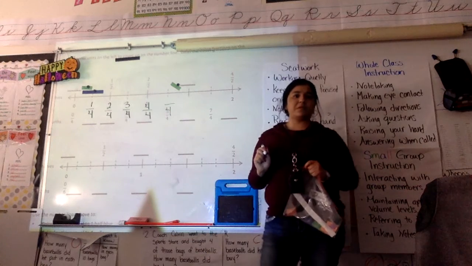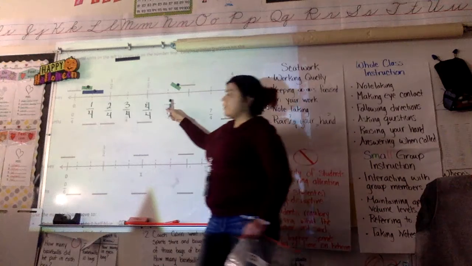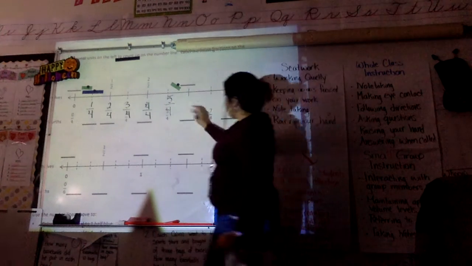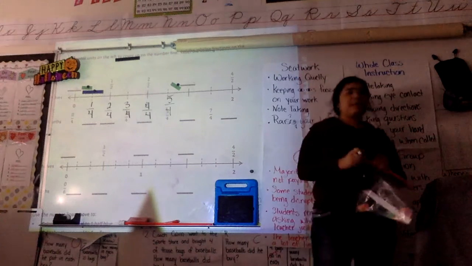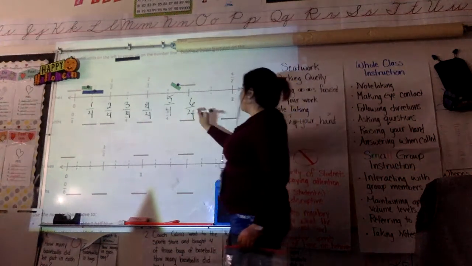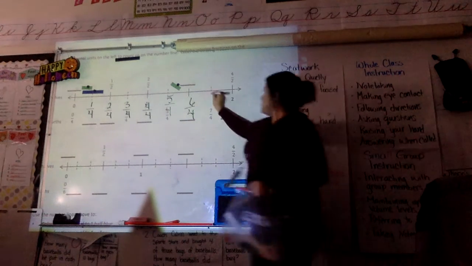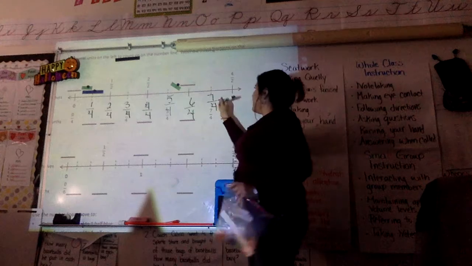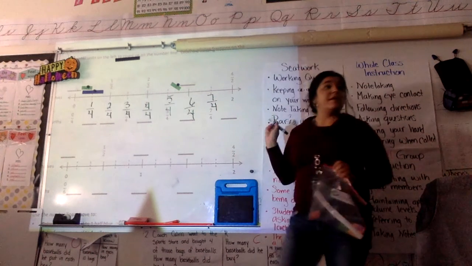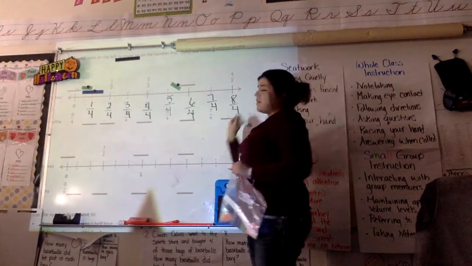What goes on the top? You have 1, 2, 3, 4, 5. 5 fourths. Okay. And what is the next one? Matthew. 6 fourths. Natalia. 7 fourths. And what is the next one? Daniel. 8 fourths. You need to work on a big voice for me.